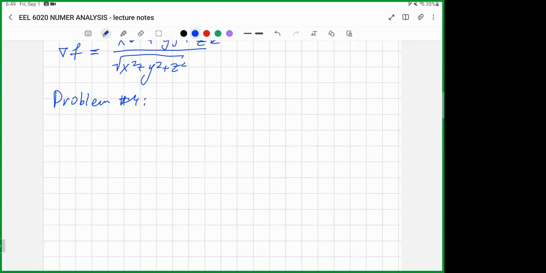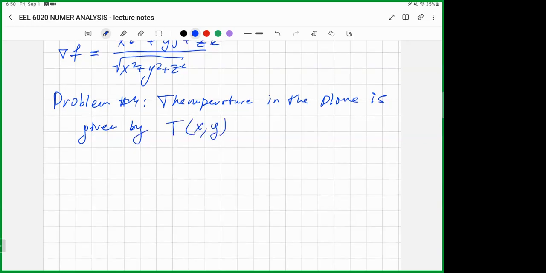So let's assume that the temperature in a plane is given by T of x and y, and the function would be like x to the power of 3 minus 3xy squared.